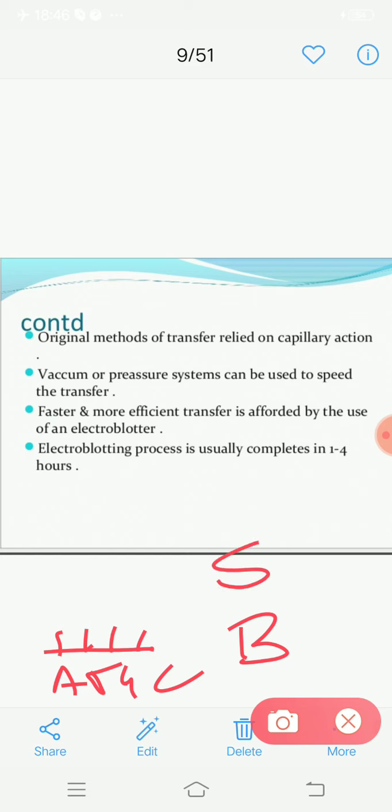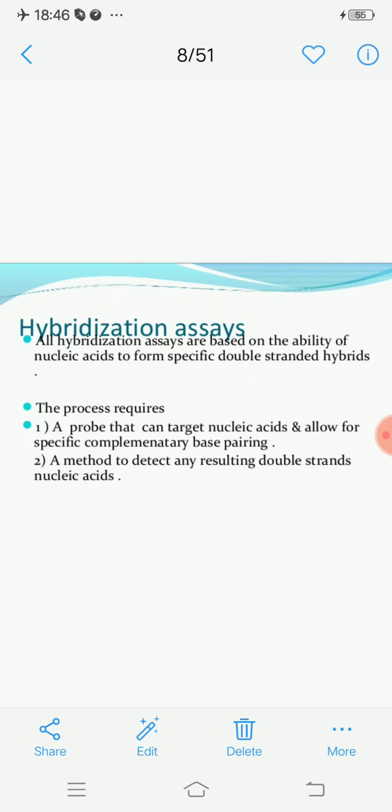So what should be its base pair? TACG. Yes, so this is the complementarity, and it requires 1 to 4 hours, and in this way the transfer occurs. So in this way the hybridization occurs.